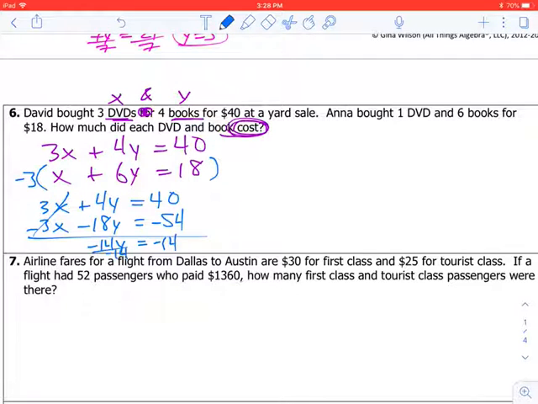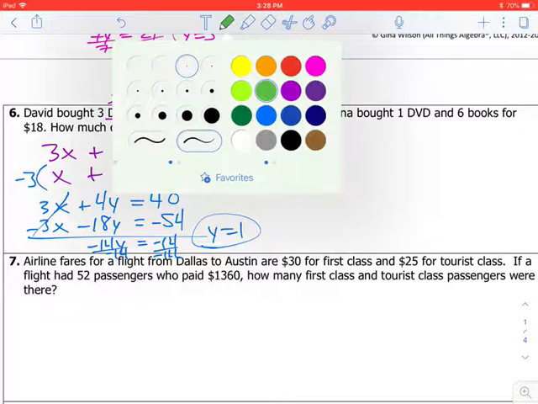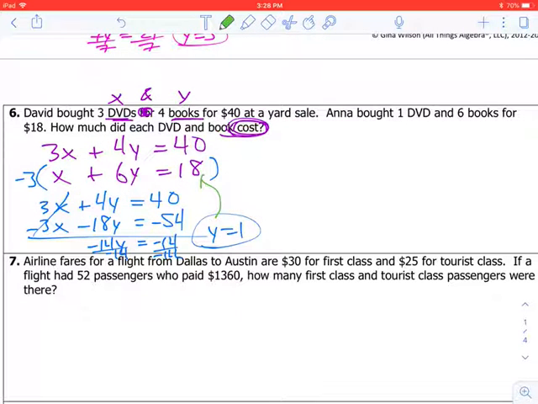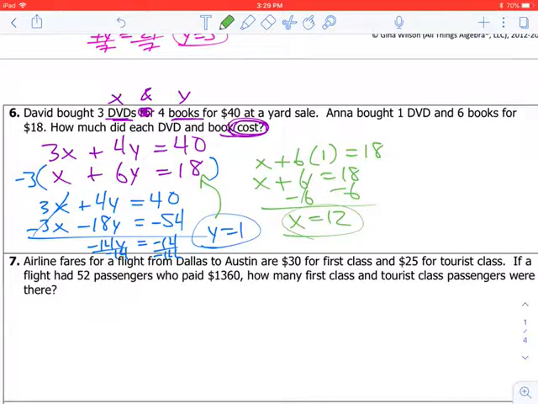And when I divide by negative 14, negative divided by negative is positive, so y equals 1. And so I just plug that right back in. And I get x plus 6 times 1 equals 18. So subtract 6, get x equals 12.